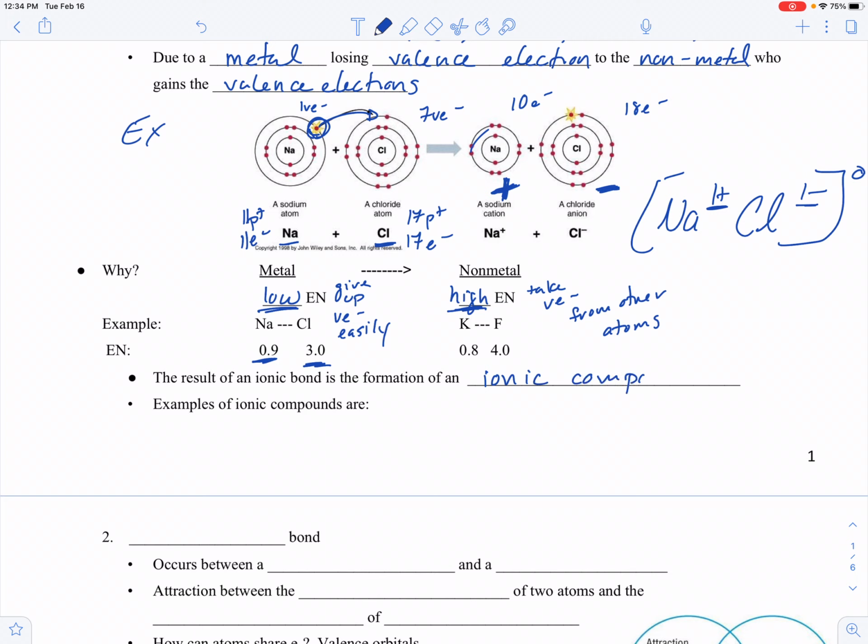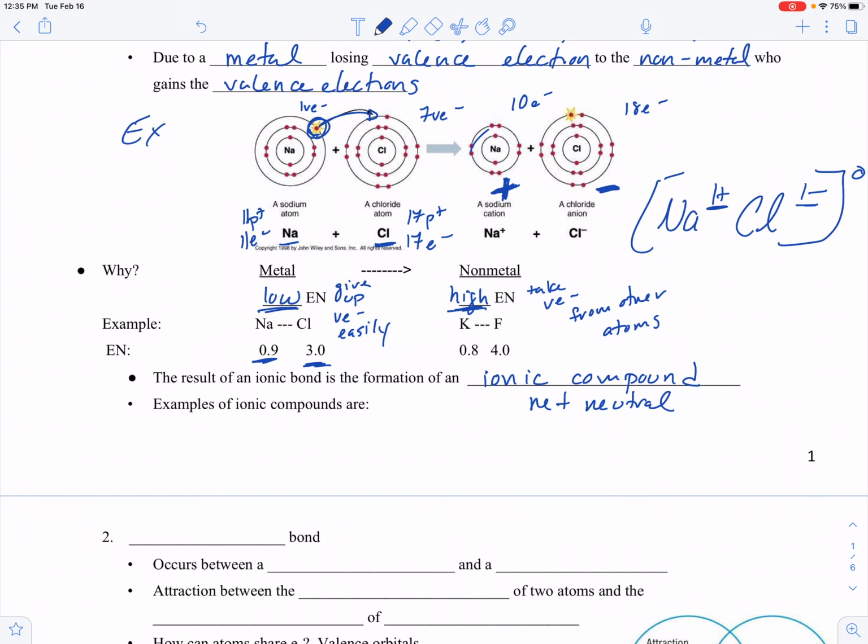And just to reiterate, your ionic compounds are going to be net neutral, which means basically that our cations and our anions are going to attract one another until there is no more charge left, and they're net neutral, because once you're neutral, you're not attracting any more ions towards you.